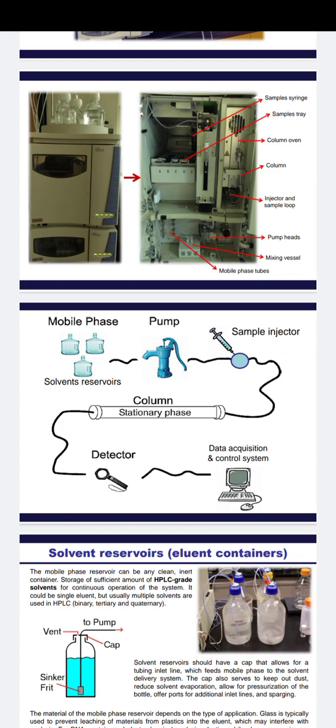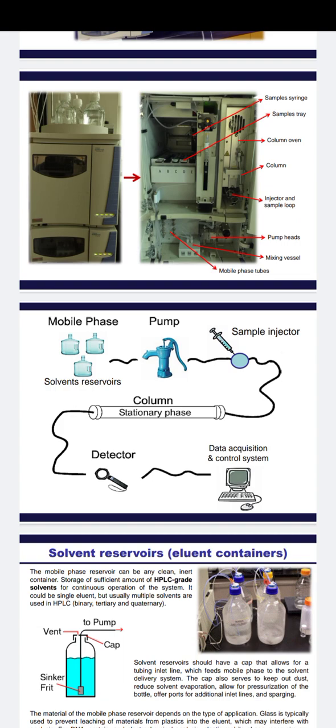Mobile phase contains a solvent reservoir, and a pumping system is there. Through that pumping system the solvent from the reservoir moves upward, and after that we have to inject the sample, and then in the column this sample is going to move through the stationary phase.